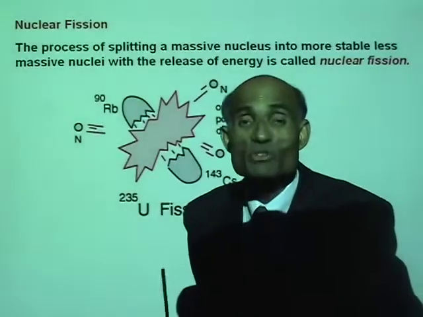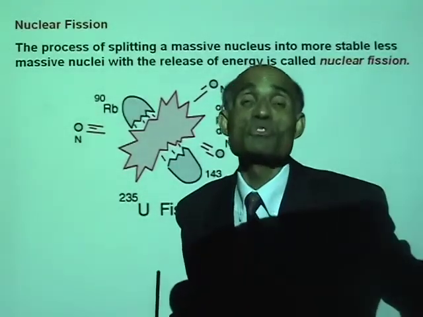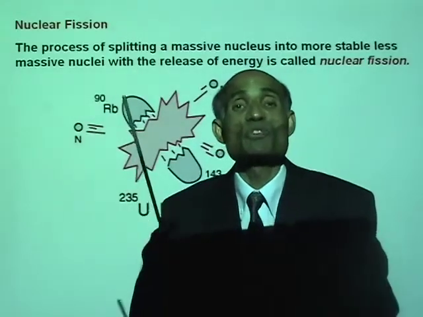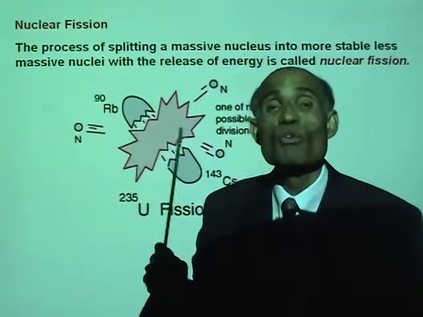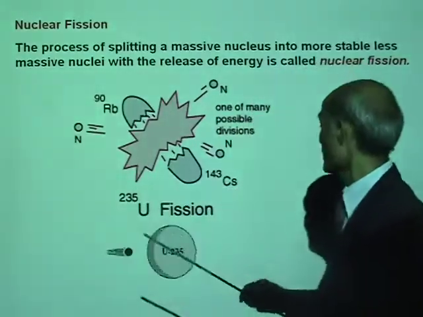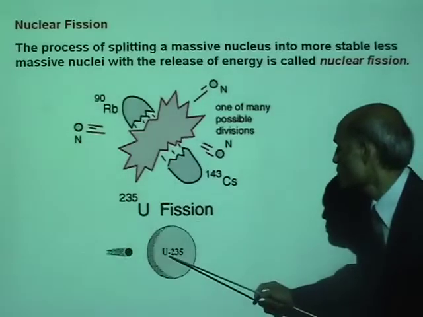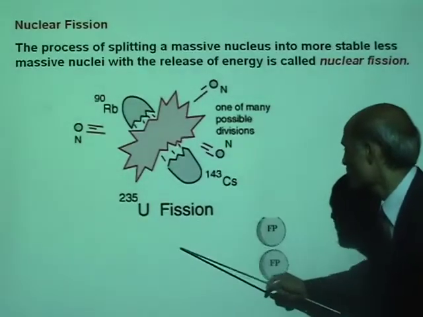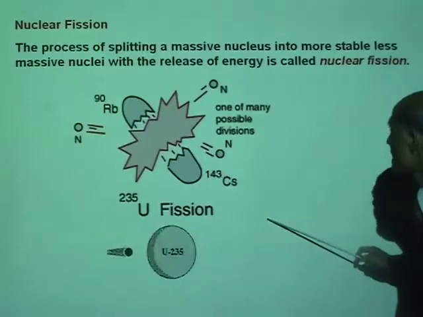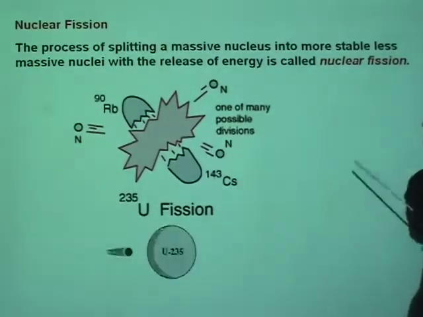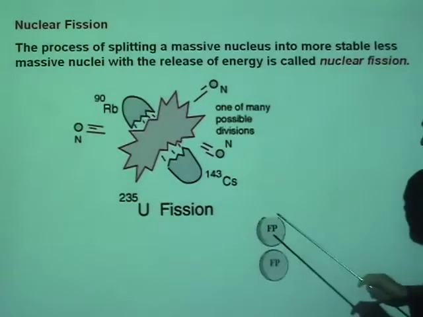Sometimes 3 neutrons, sometimes 2 neutrons, but some number of free neutrons will be made available for each fission. Now watch this animation. A uranium-235 absorbs a neutron, it splits into rubidium and cesium and a great amount of energy.